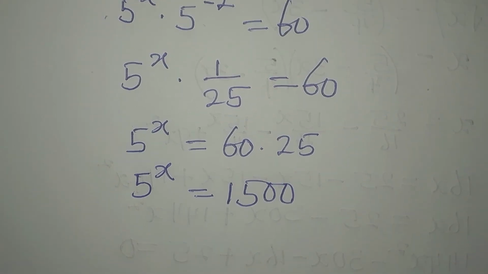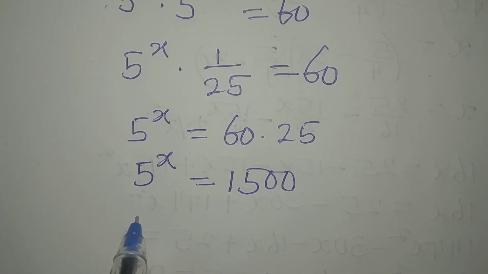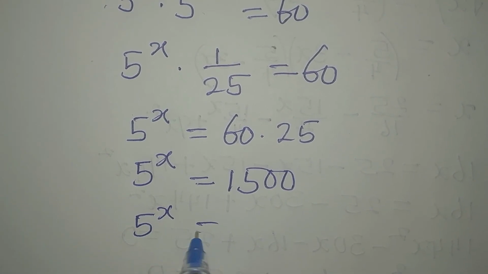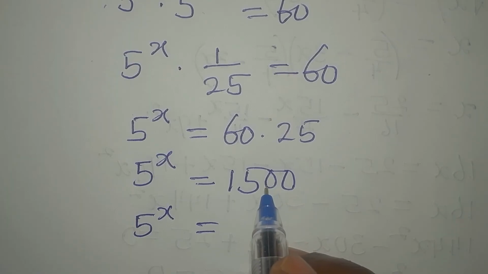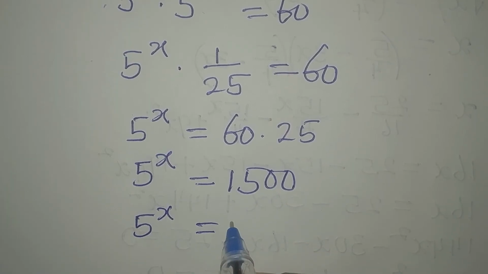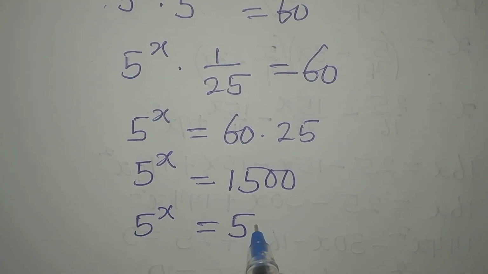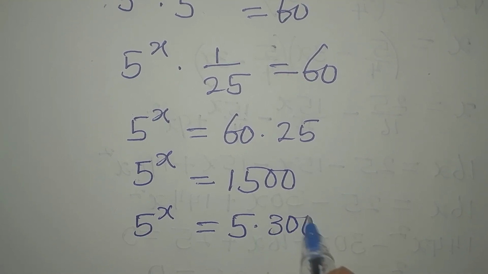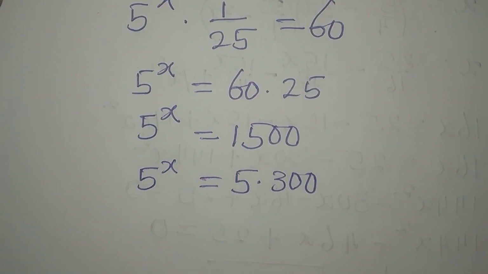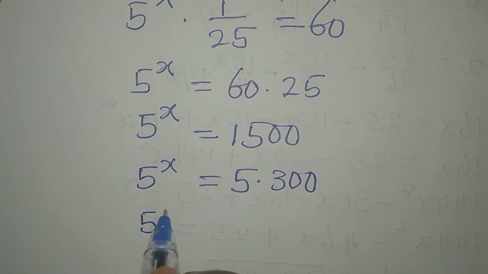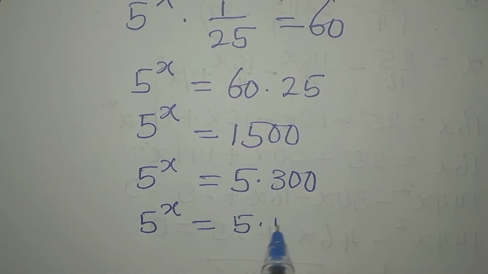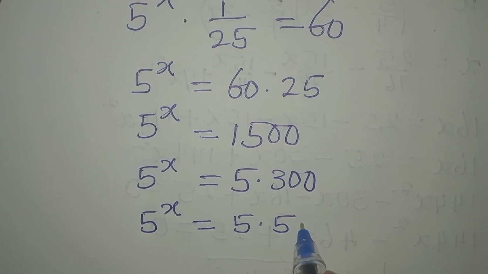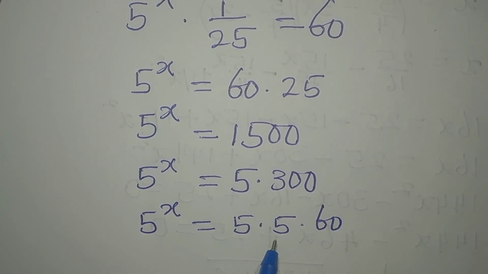This 1500 cannot exist in this form, right? Let's break it down. 5 to the power of x is equal to, 1500 is the same as 5 multiplied by 300. We can still break it down and get 5 to the power of x to be equal to 5 times 5 times 60, because 5 into 300 is 60.